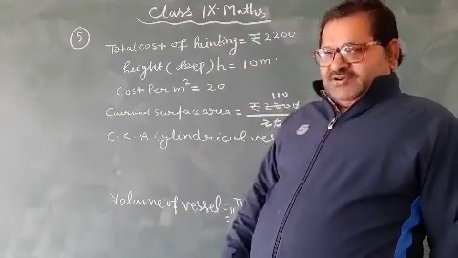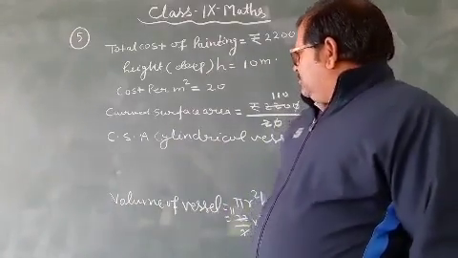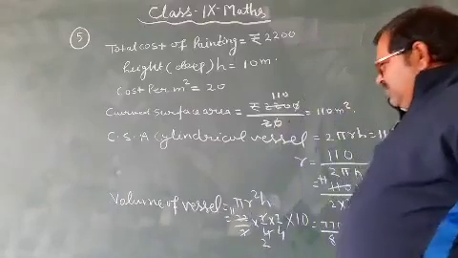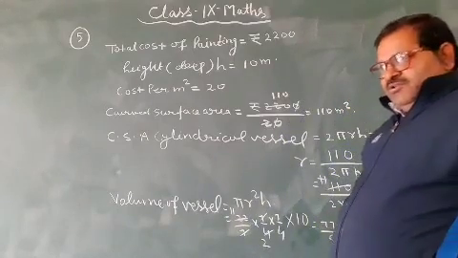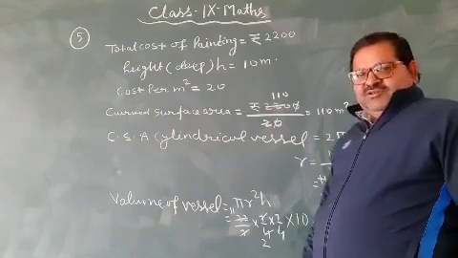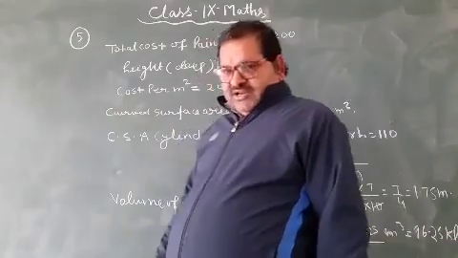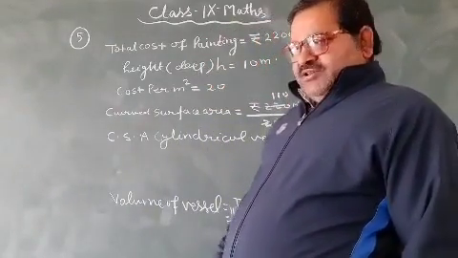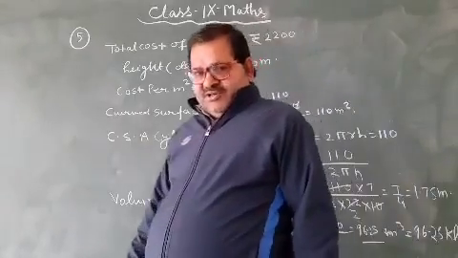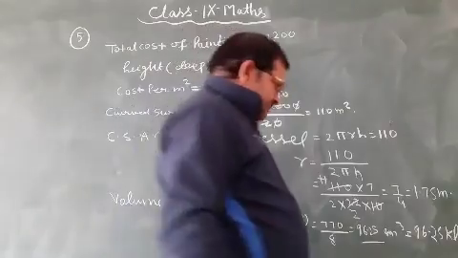Now we find the curved surface area for painting, which is 110 meter square. After the CSA, we calculate the radius, and then we calculate the volume of the cylindrical vessel. Clear? Next question.